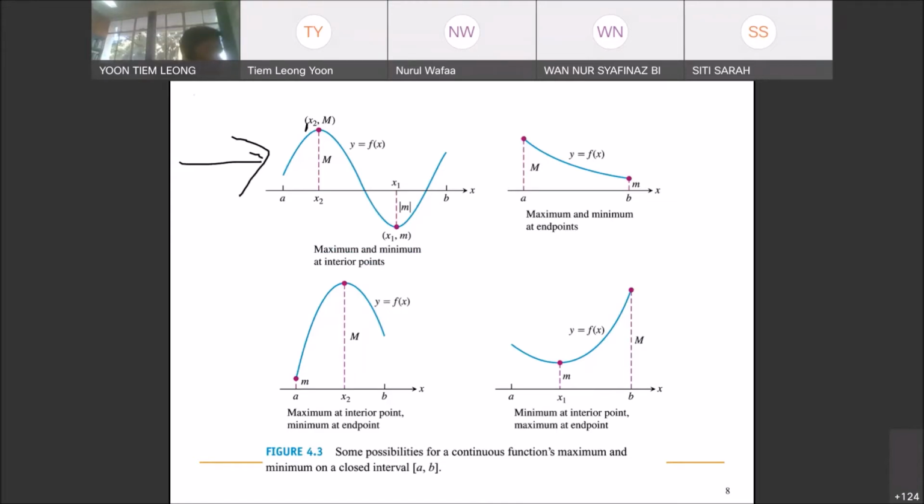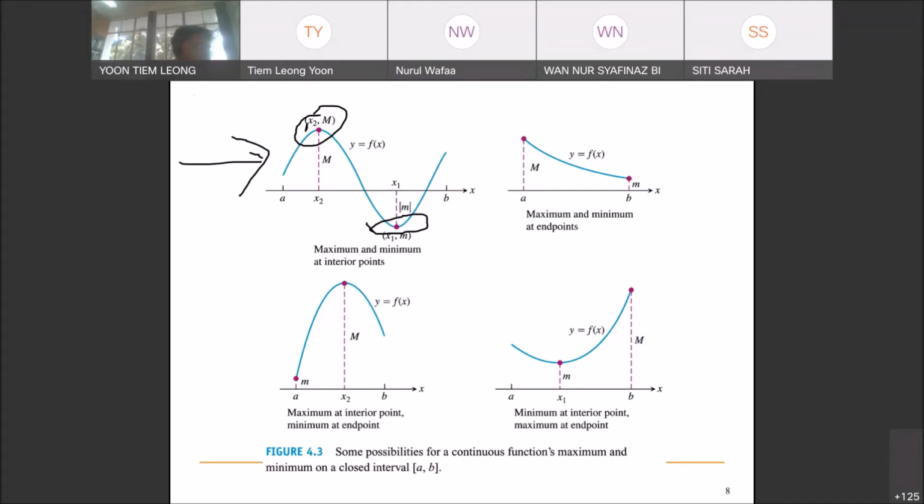And for sure, there must be at least one point where the absolute maximum happens, and one point where the absolute minimum happens. In this particular example, the absolute extremums happen at interior points. Interior point means a value of x that is not at the extreme; it is called an internal point.